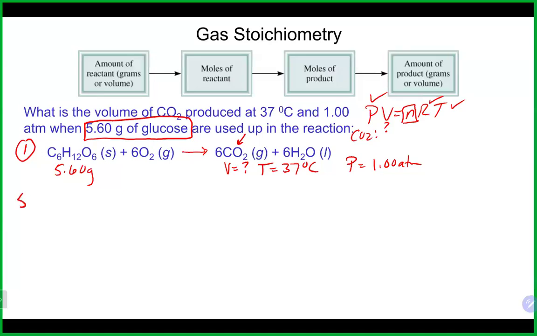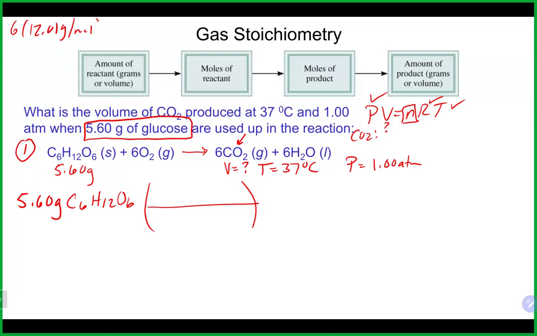The next thing we want to do is calculate the molar mass so we can convert this into moles. So again, you'd go to the periodic table and add up all the parts. We have 6 times 12.01 for the carbons, plus 12 times 1.008 for the hydrogens, plus 6 times 16 for our oxygens.